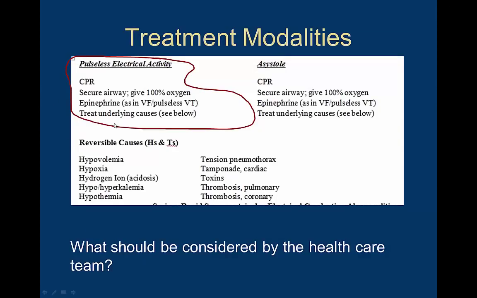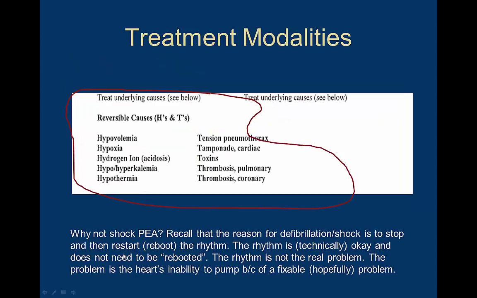So here's your recipe for pulseless electrical activity. You're going to do CPR. You're going to secure the airway. The drug of choice for any arrest situation is always epinephrine. And then what should be considered by the healthcare team? Those are the H's and T's. Again, with PEA, you do not shock because this patient has a rhythm.